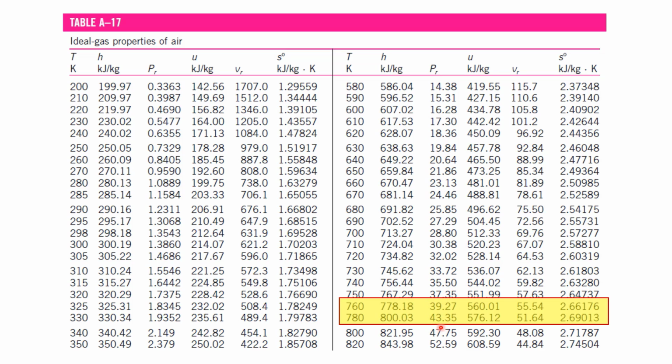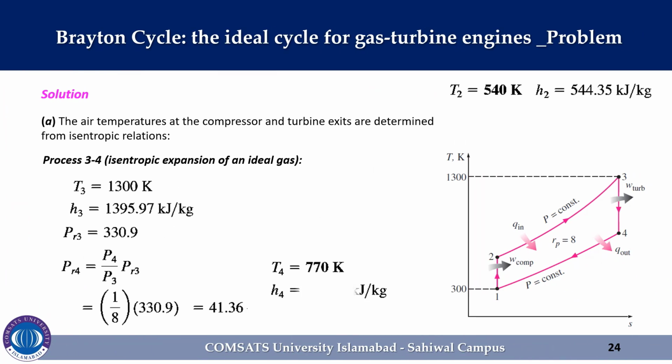And to find out the temperature and enthalpy values against 41.36, we have to use interpolation. I am giving this task to students to find out the desired values using interpolation. However, the temperature will be 770 Kelvin and enthalpy will be 789.37 kilojoule per kg.